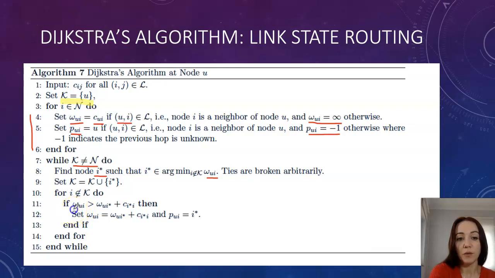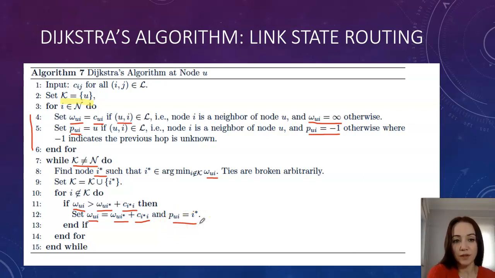So if the current weight of a node I is larger than the cost from U to I star plus C of I star I, then update the cost of this node I to the cost that would have been obtained if we go to I star first and then go from I star to I. On this path the previous hop neighbor would be I star, so we reset the previous hop neighbor of I, which is PUI, to I star.